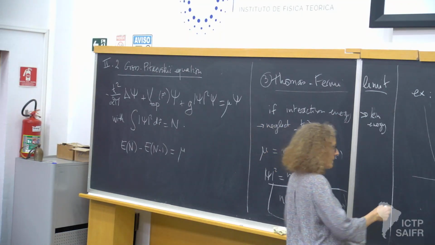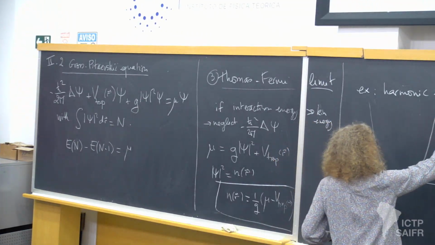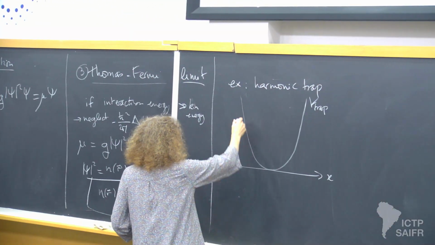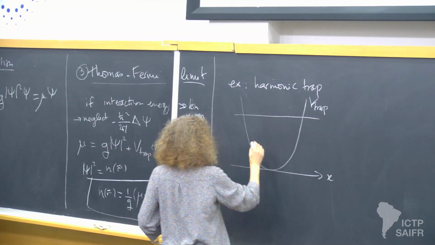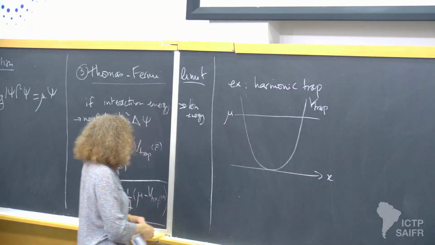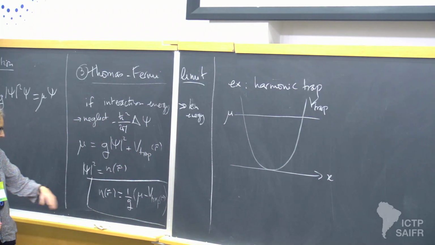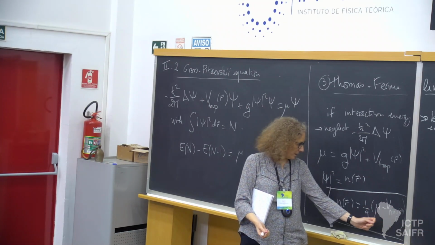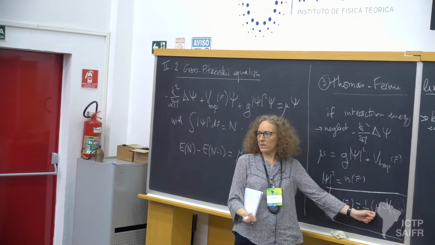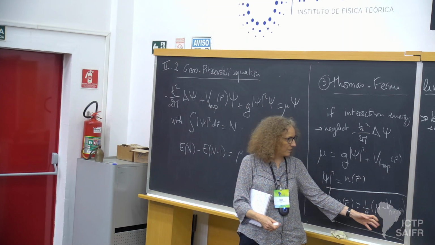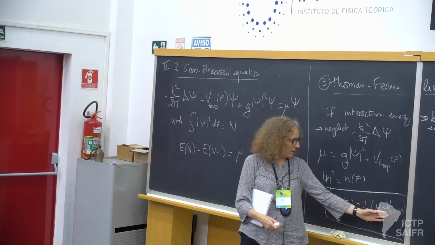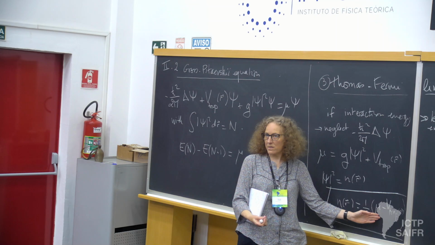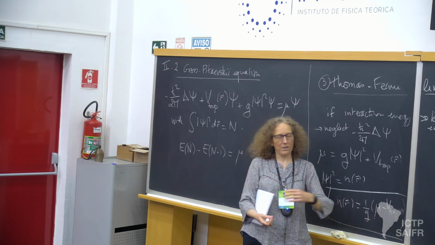So this is how it looks like. If this is V trap, and I give some value for mu, so this is mu, then at the center, if V trap is 0, the density is mu over g, so this is the maximum density. And then when V trap increases, density decreases up to the point where V trap is equal to mu, and of course, density vanishes and you cannot go further.